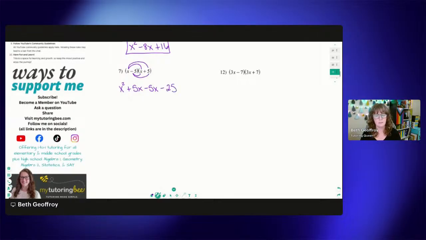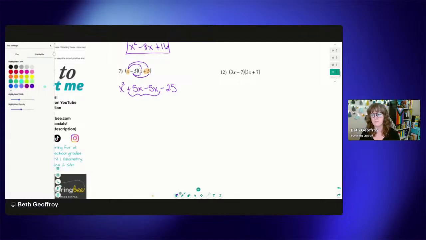So now let's see what happens to our two middle terms that are like terms. One of them is positive and one of them is negative. So just like before, we're doing that same pattern of multiplying the first term times the last term in the other set of parentheses.